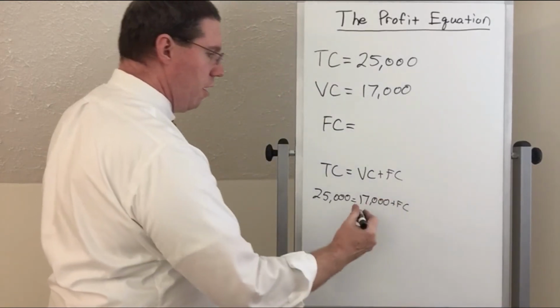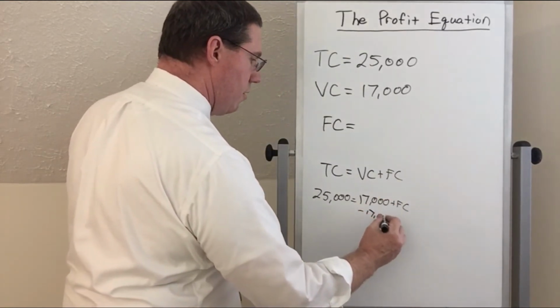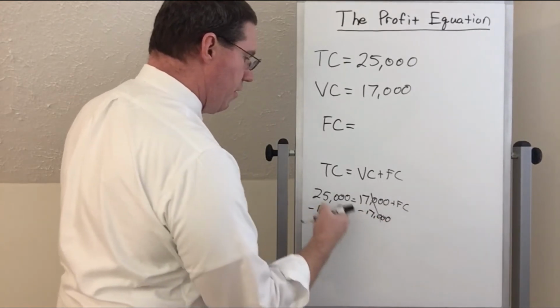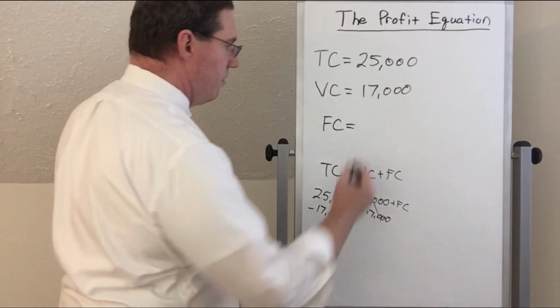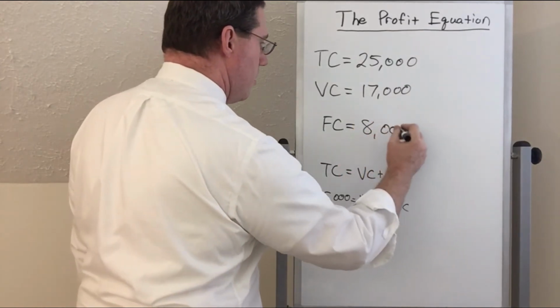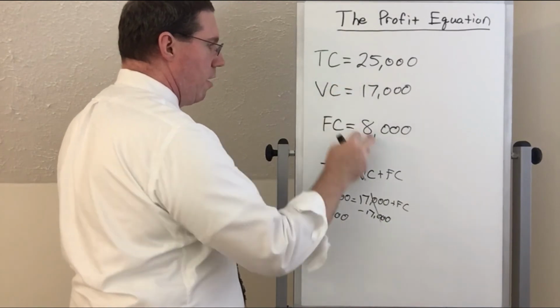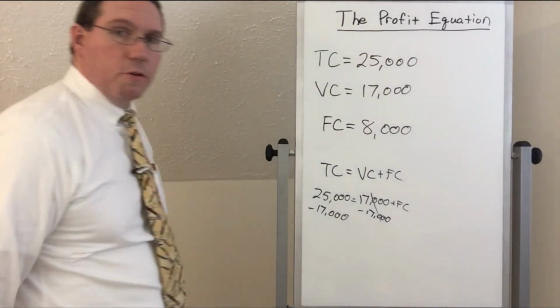To solve for fixed cost, we subtract $17,000 from both sides. Cancel, and fixed cost becomes $25,000 minus $17,000, which is $8,000. And you can check this: $8,000 plus $17,000 is equal to $25,000.